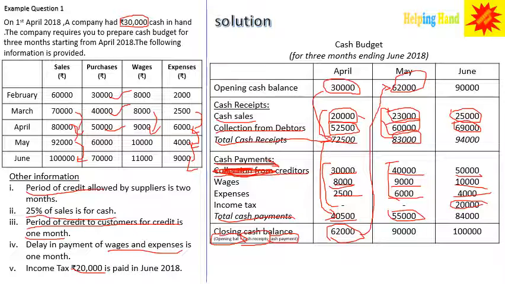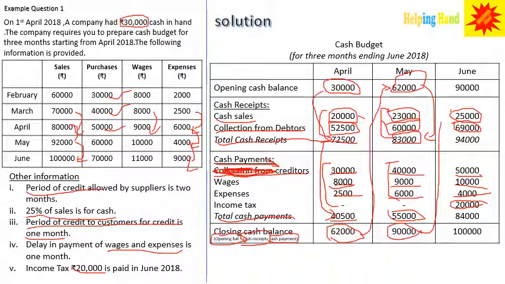The same method again, 62,000 plus 83,000 shall give you 1,45,000, minus 55,000 will give you 90,000. Okay, next we have the same method applying.